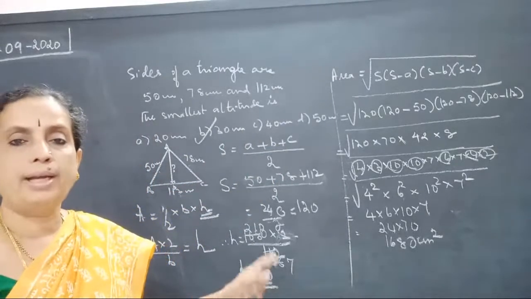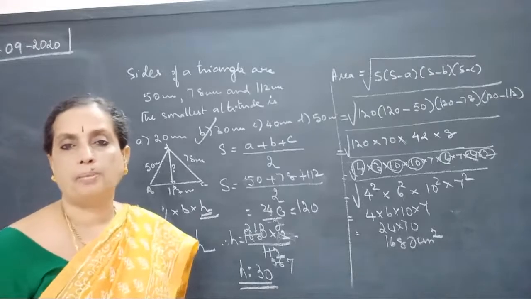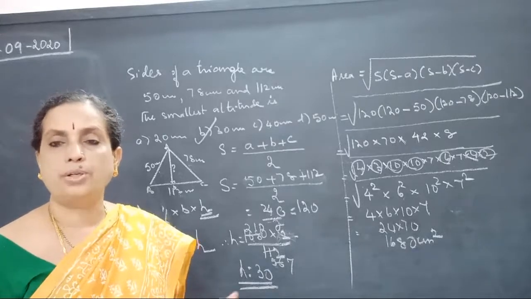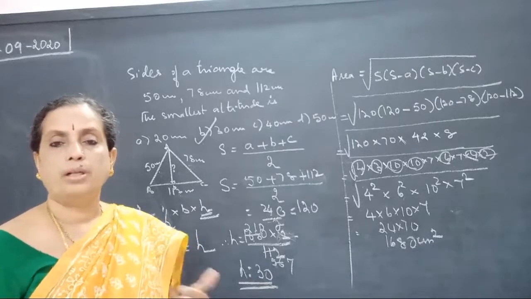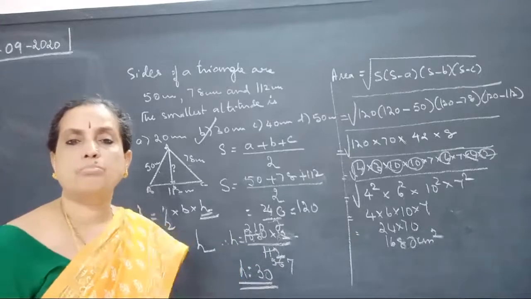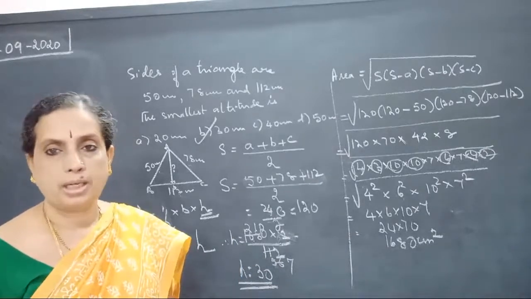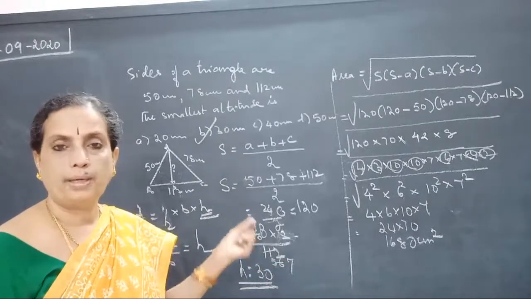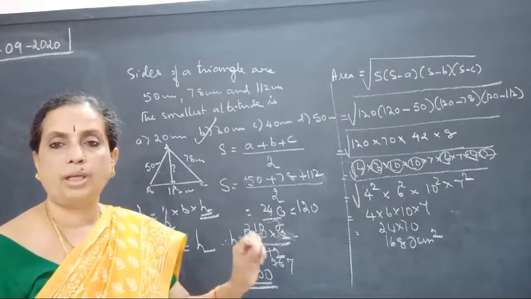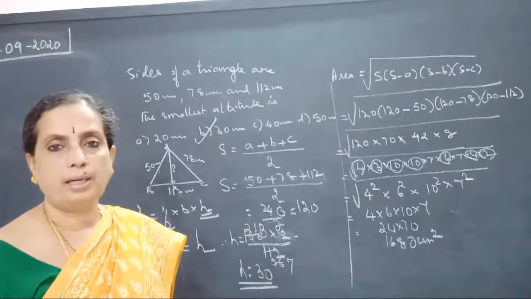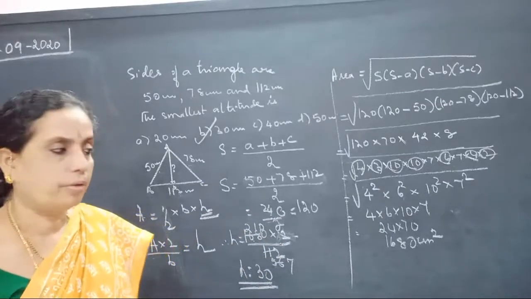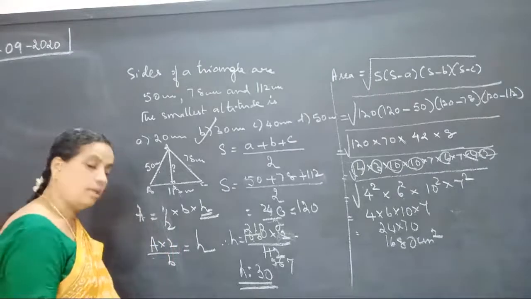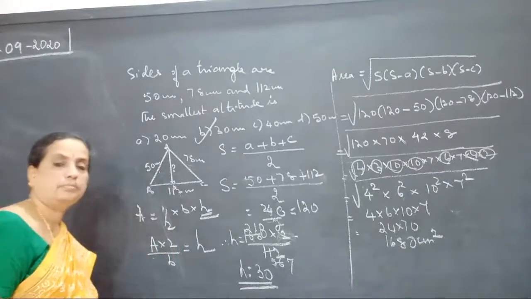To avoid it, you have to recall the property. Smallest altitude, longest side. Longest altitude, smallest side. Is that clear? With one MCQ you have learned so many things. So repeat it, underline it. If you want, you can note down the point I repeatedly repeated now. Okay? Is that clear to everybody?